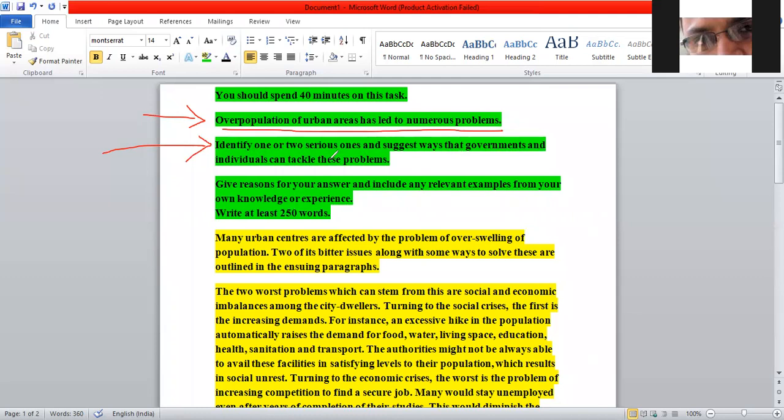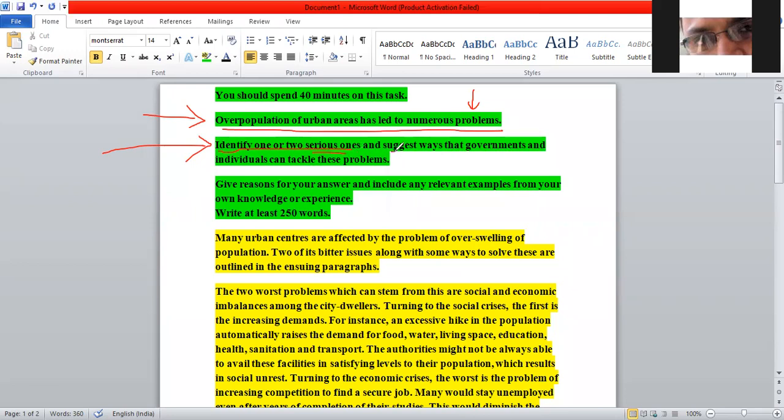Serious ones in the sense serious problems. Identify, it means you need to prioritize one or two topmost problems, pressing problems. So this is your first task.